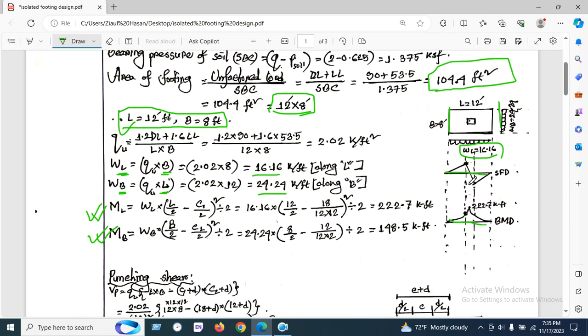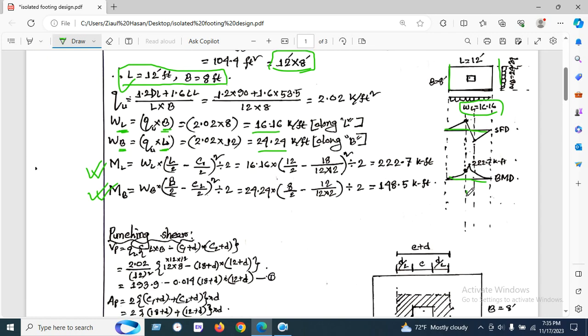We can see this portion of the footing acts like a cantilever, so that's why we use the cantilever formula wL squared by 2, but we deduct the column dimension divided by 2 as we calculate from the center. The moment will be found at the face of the column.